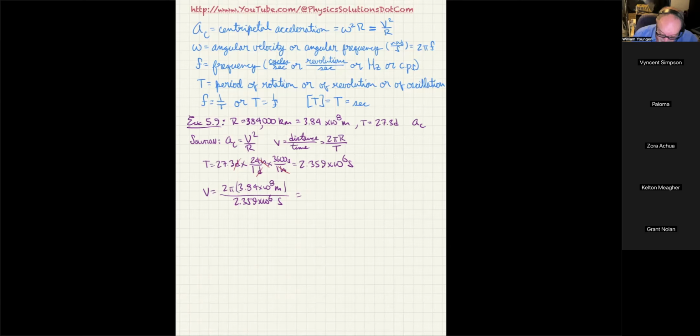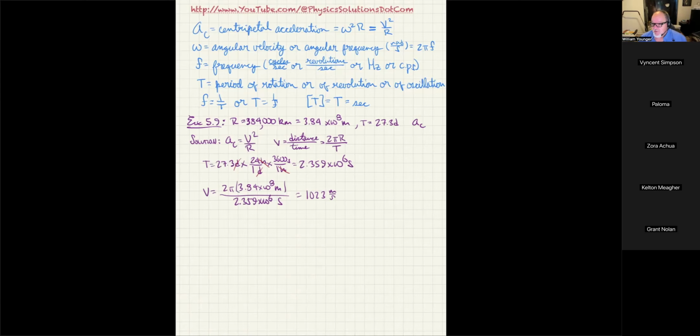Now I'm going to divide by parenthesis 2.359 times 10 to the sixth, close parenthesis. And now that's more like it, 1,023 meters per second. So that's a rough estimate of how fast the moon is going, on the order of 1,023 meters per second around the Earth.